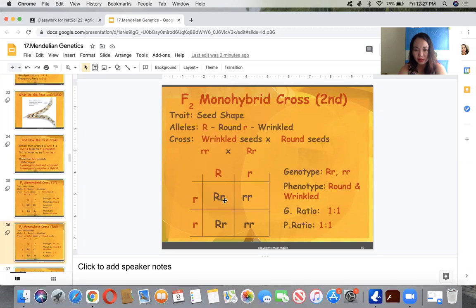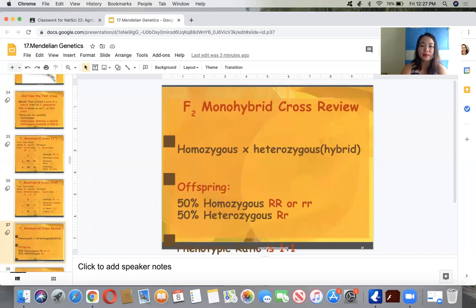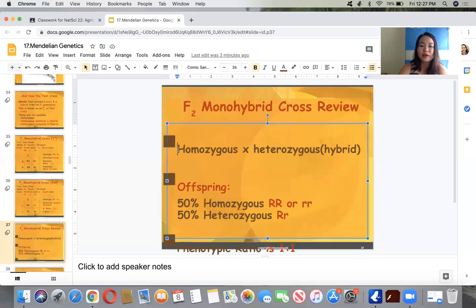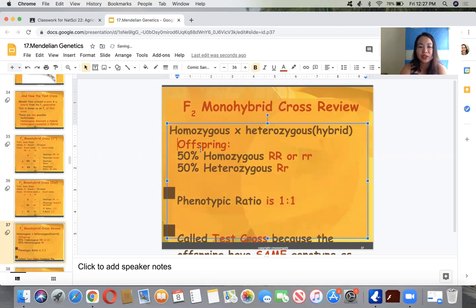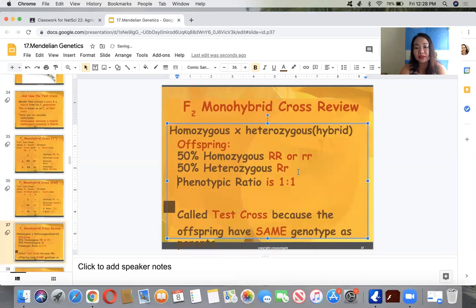Therefore, a cross between a homozygous and a heterozygous hybrid will result in 50% homozygous and 50% heterozygous.